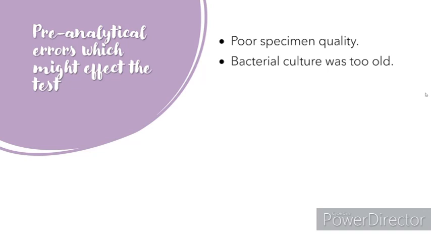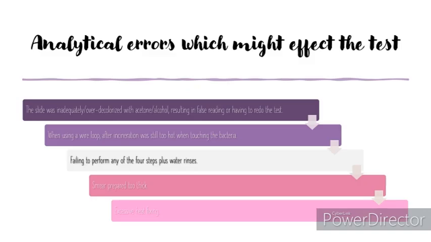I think it might have to do with gram results becoming gram variable and not as strongly associated with either gram positive or gram negative because the cell membrane breaks down over time. So I think that might be the reason why it would be bad to do an older bacterial culture. Usually 18 to 24 hours is optimal for gram stain, or at least a culture growth time anyways for gram stain. So there's the pre-analytical errors.